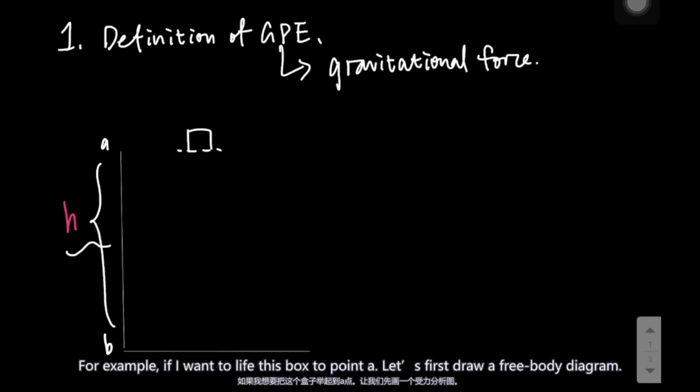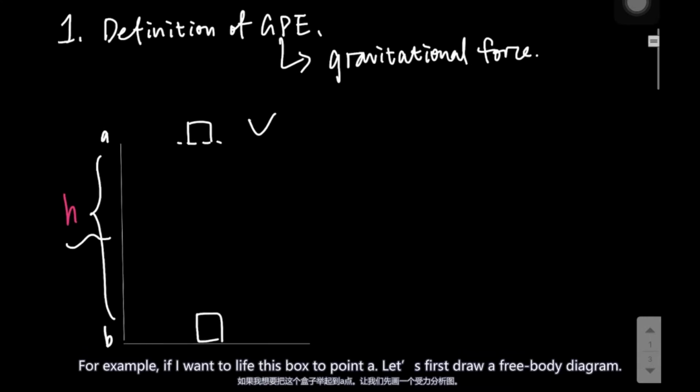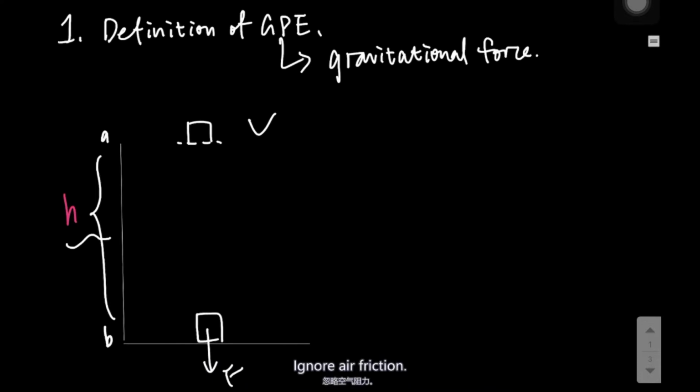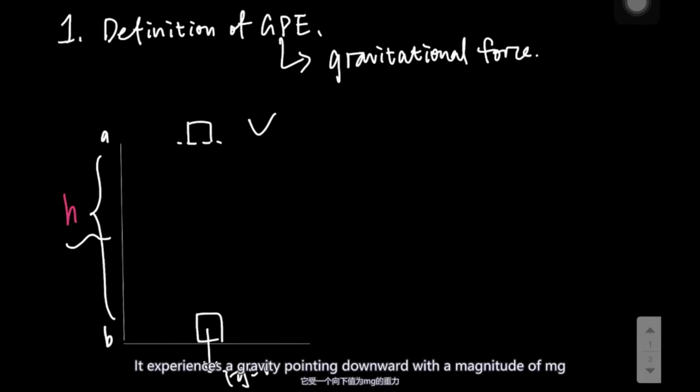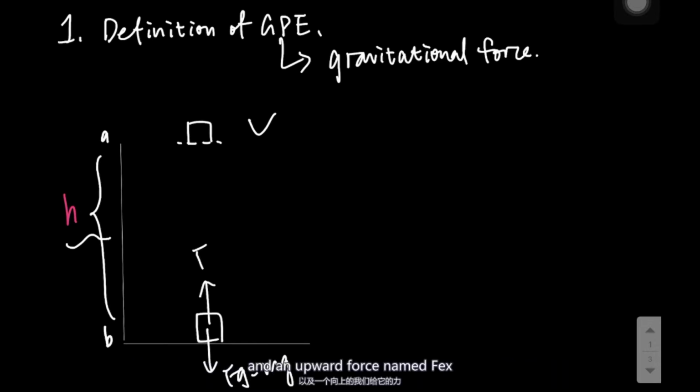For example, if I'm trying to lift this box to point A, let's first draw a free-body diagram. Ignore air friction and stuff. It experiences a gravity pointing downward with a magnitude of mg, right? And an upward force, let's name it Fex, exerted by us.